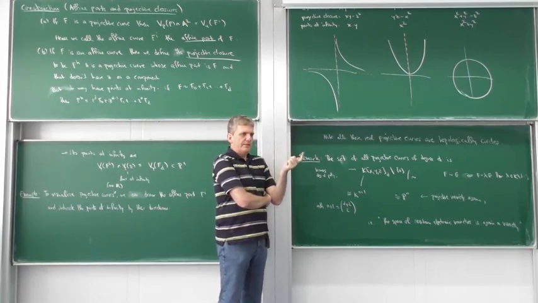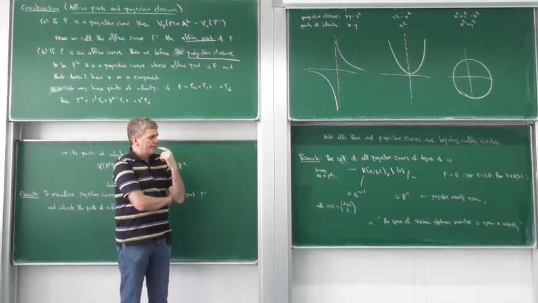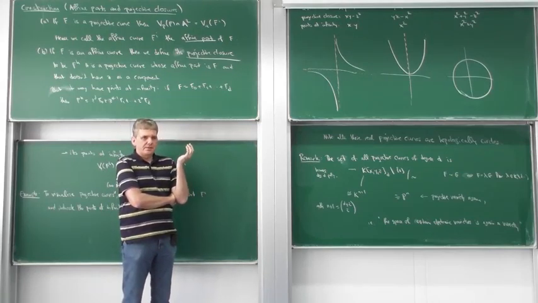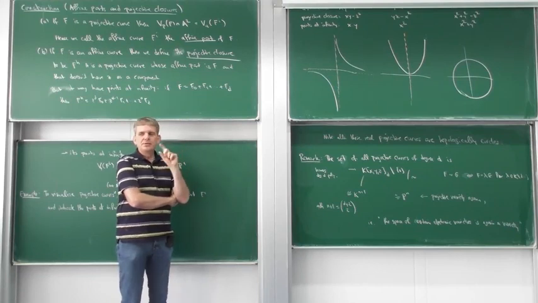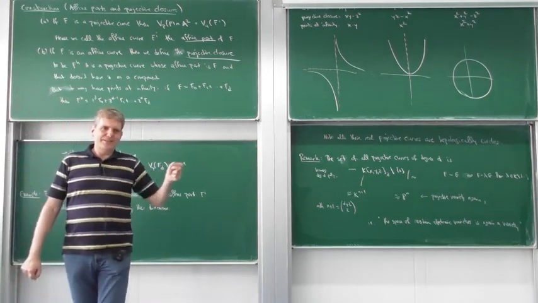Whatever you think of, like groups: the space of all groups doesn't have a group structure, right? The space of all vector spaces doesn't have a vector space structure. Usually it's not the case that the space of all objects of a certain category is again an element of that category.